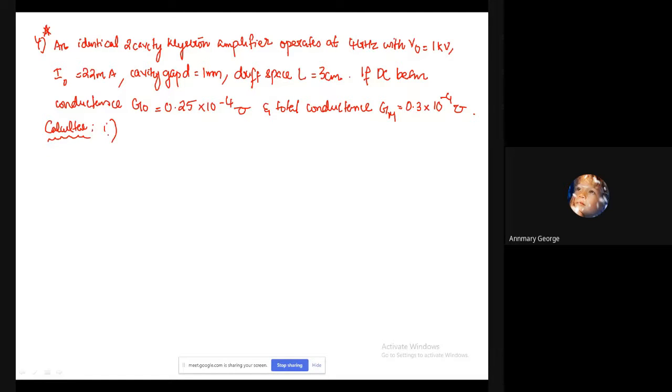Calculate the beam velocity V0. Second, the transit angle theta g. And the beam coupling coefficient beta 0.